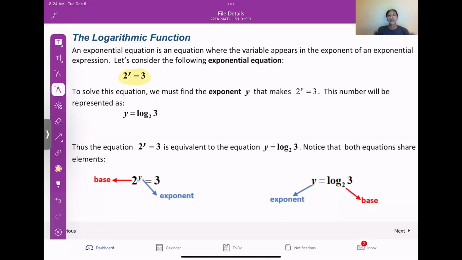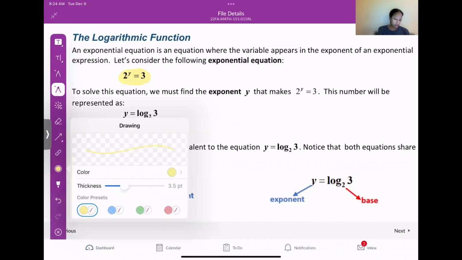A logarithm is equal to the exponent, so it gives us the solution to this type of equation. To solve this equation, we must find the exponent y that makes 2 to the y power equal 3. In logarithmic form, that exponent y is going to be equal to, we read this as, log base 2 of 3.